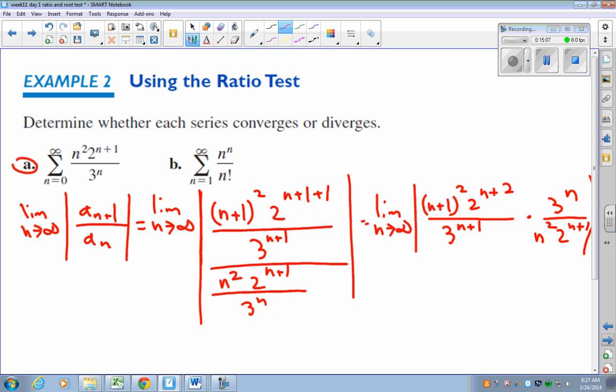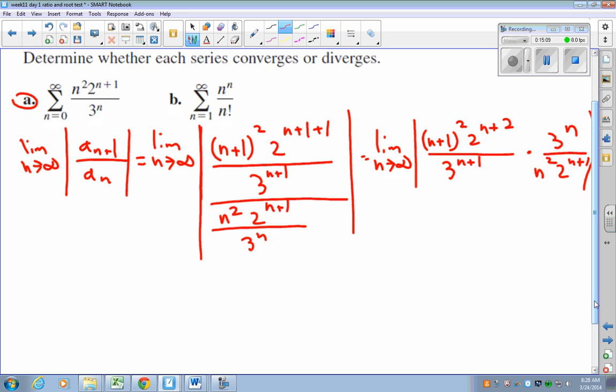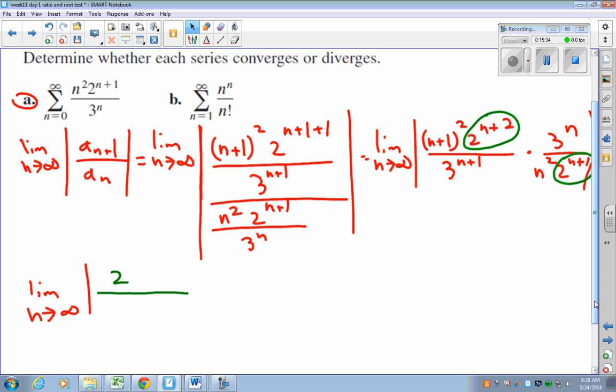Okay, so let's take a look at this. It looks like there's a lot of things here. I'm going to try to color coordinate for you what can cancel out. Look at this chunk: 2 to the n plus 1 and 2 to the n. There's one extra 2 on top, so there's a 2 on top.